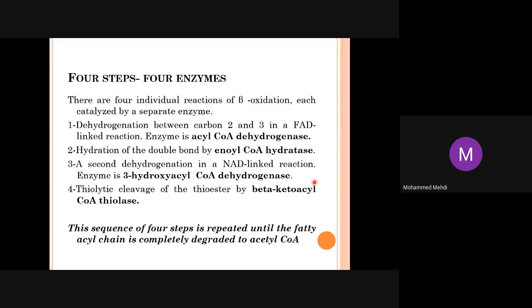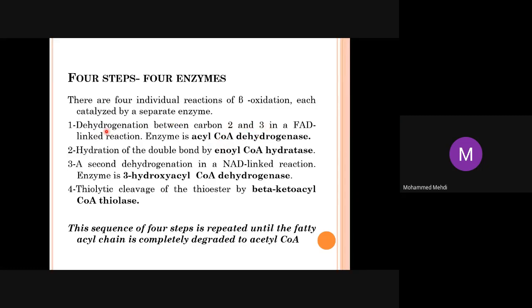There are 4 steps for 1 round of beta oxidation. For 1 round, there are 4 enzymatic reactions. The first reaction is dehydrogenation, removal of hydrogen atoms, loss of electrons between the second and the third carbon of the fatty acid.